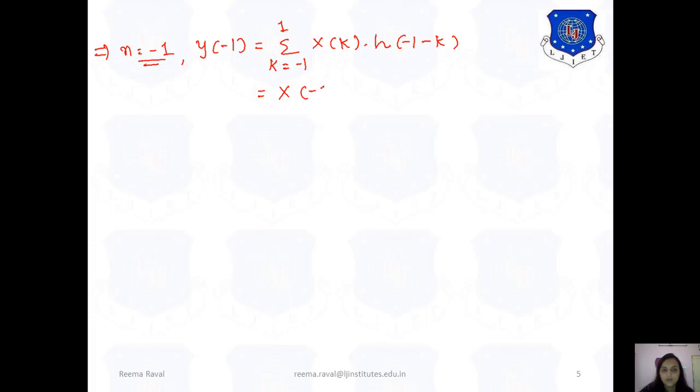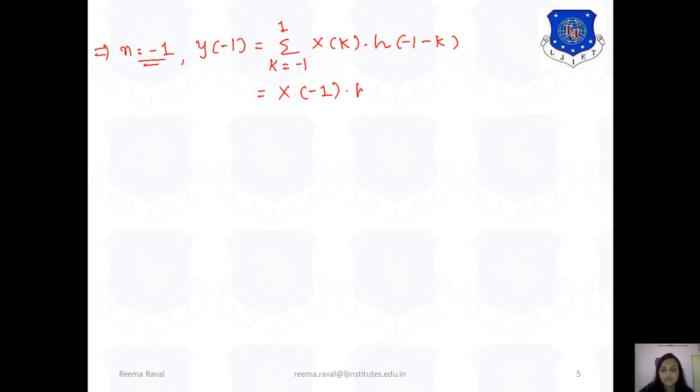So now next n equals to minus 1. So for n equals to minus 1, we will get y of minus 1, that is equals to summation of k equals to minus 1 to 1 x of k into h of n minus k, where n is what? Minus 1. So minus 1 minus k. Now let us take k equals to minus 1.